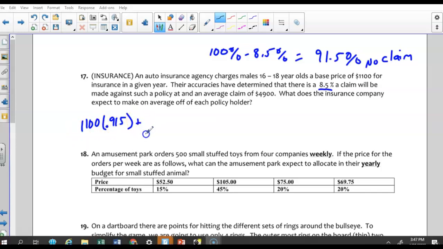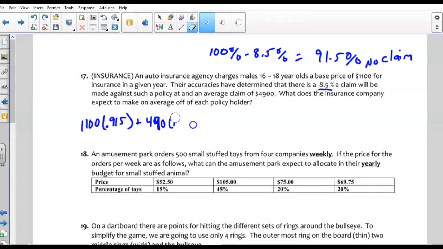Now, there is this other percentage that says that there will be a claim of $4,900 made against you. Actually, you know what we need to do? It's not $4,900. We have to subtract that out, because the base is what you paid.